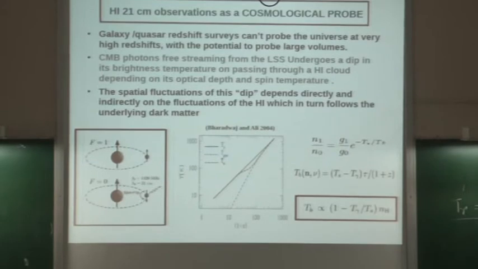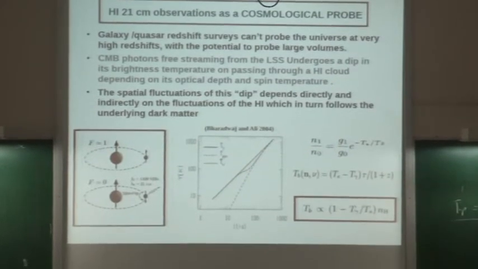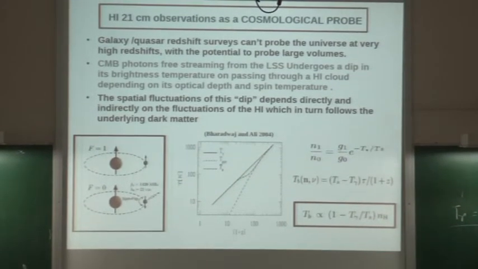Possibly, if we could detect that, then we could have a hold on and understand what is going on during the passage of light through the medium. So we have to understand the entire physics of photons traveling through a neutral hydrogen cloud.